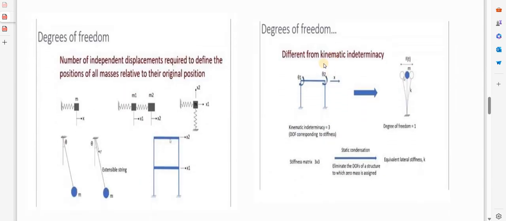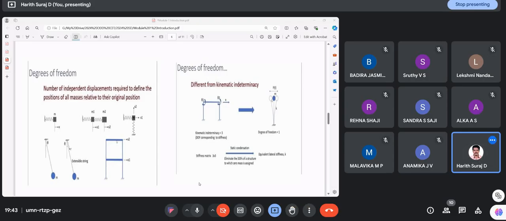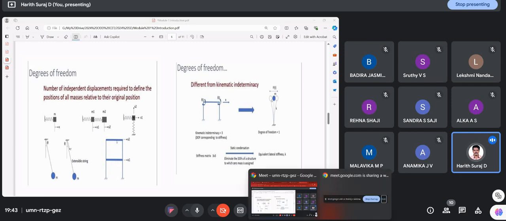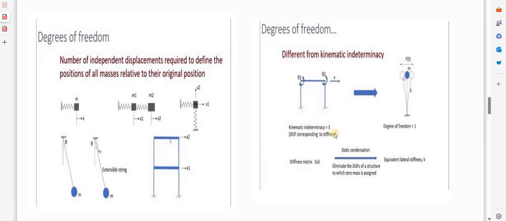I think you have heard about the term kinematic indeterminacy, which you may have studied in your structural analysis. Kinematic indeterminacy means the degrees of freedom required to define a system.